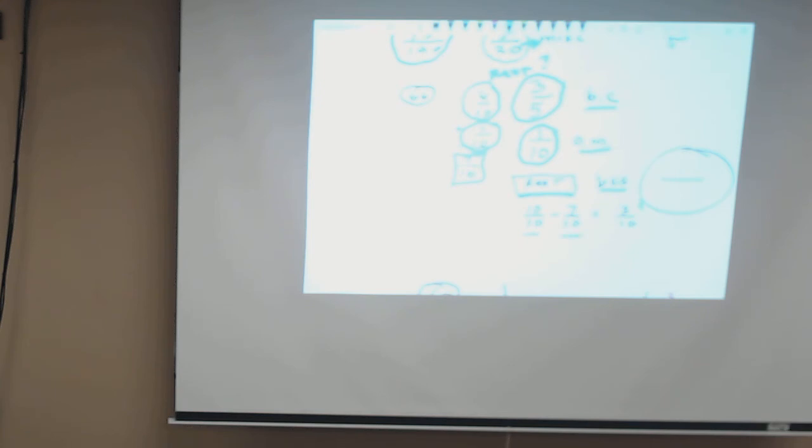So I go 3/5 is 6/10, and 1/10 adds up to 7/10. So how much would the rest be? 10/10 minus 7/10 would be 3/10 would be the rest.